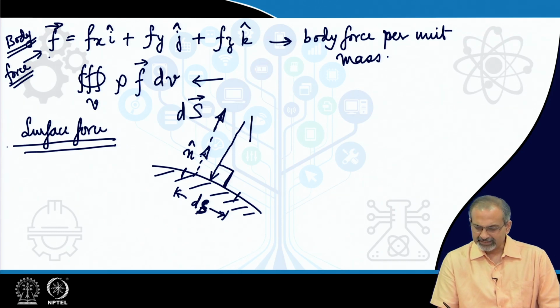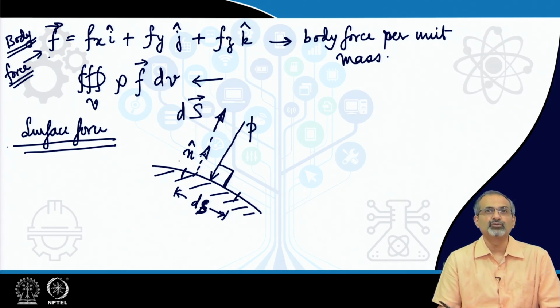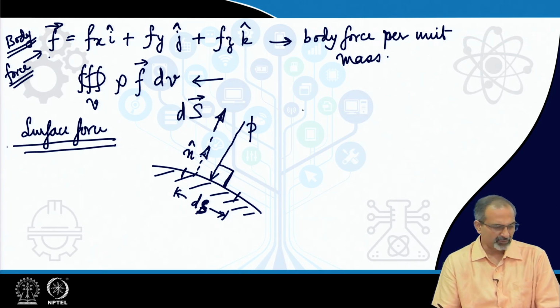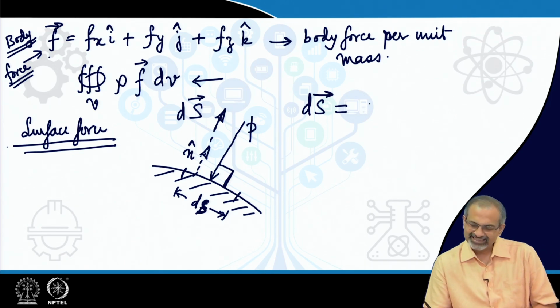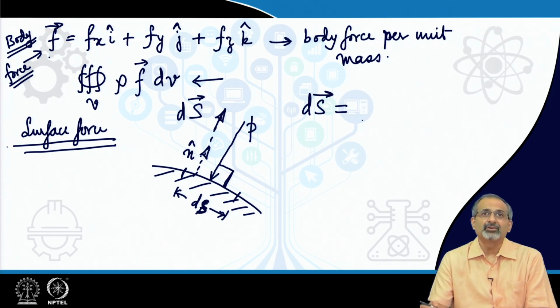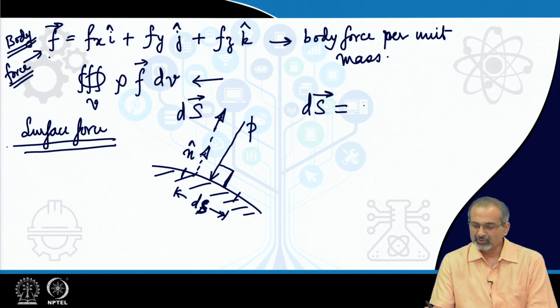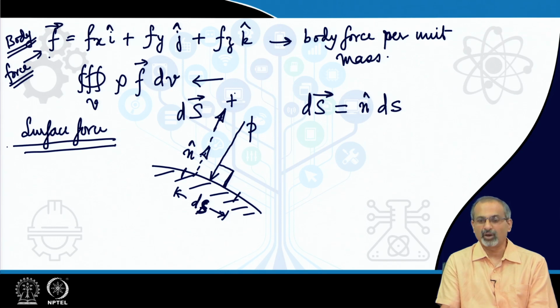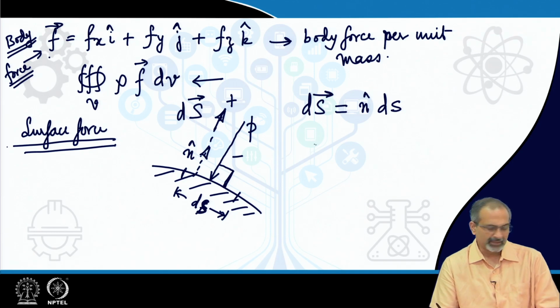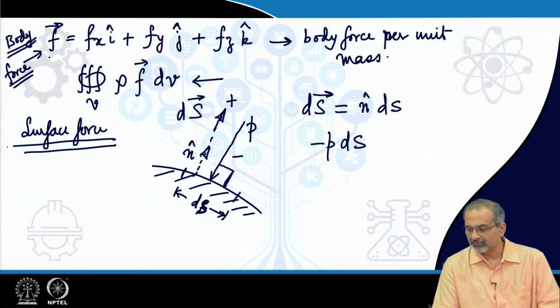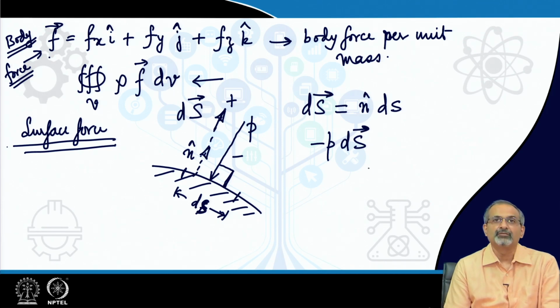Now, in order to integrate the effect of this pressure, of course, we will use a surface integral, but most importantly what we should understand is that over this elemental area you have to indicate the direction of pressure, and therefore, when you write dS you write n dS, that is the positive direction outward, while pressure acts along the negative direction, and therefore, we will say that the pressure creates a force of this value with a negative sign associated with it.